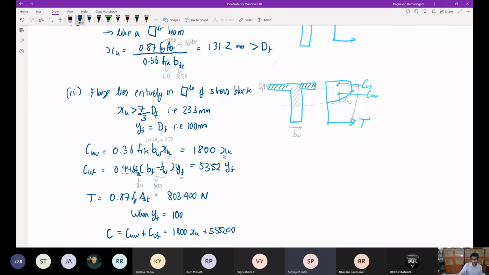So for equilibrium, C equals T, meaning that this tension force which you got, 803.4 times 10^3, equals 1800 XU plus 535200. From this you can find XU and check whether this assumption was right. How much do you get XU?